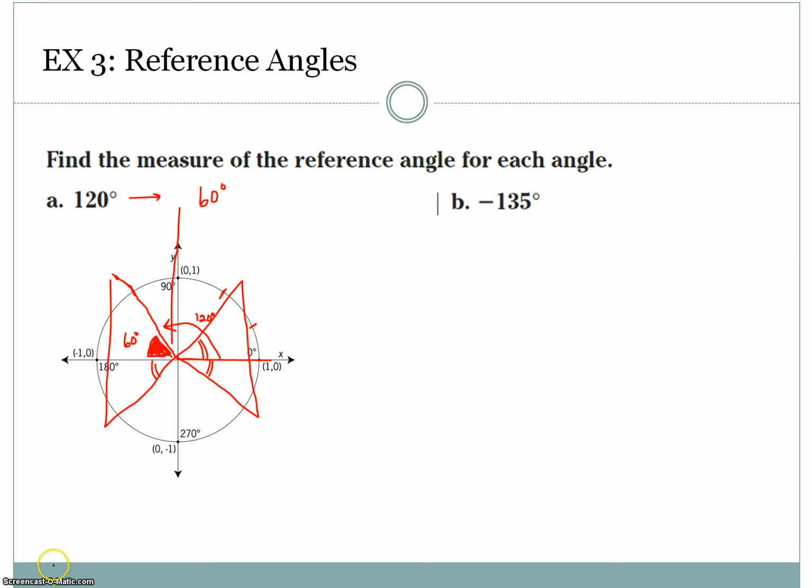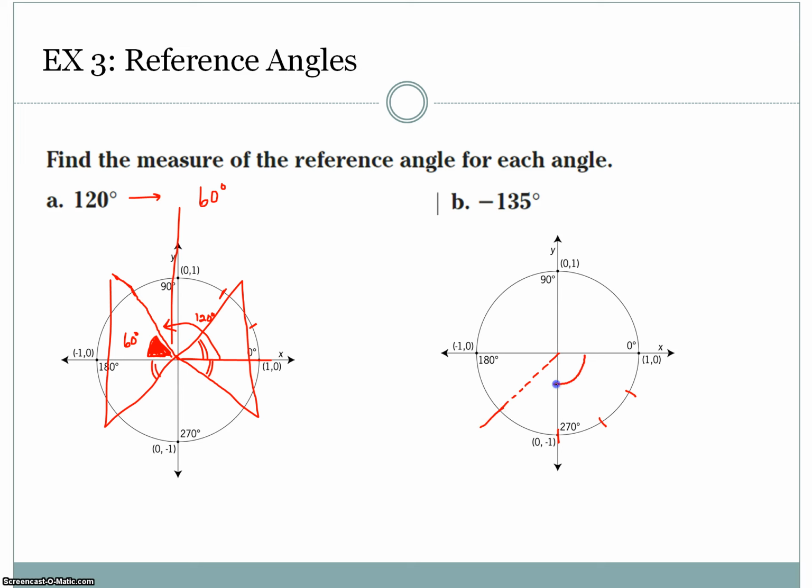Let's look at B. Negative 135. This time, of course, we're going to go clockwise. Negative 30, negative 60, negative 90, and negative 135 lives right over here. So let's make our bow tie.